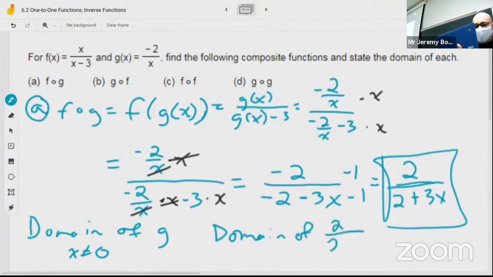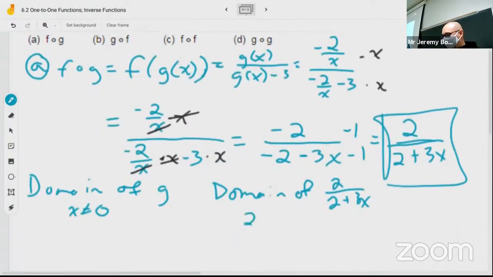Next, we're going to look at the domain of the function we found, 2 over 2 plus 3X. If we want to find the domain of that, we'll say 2 plus 3X can't equal 0, and we'll get 3X can't equal -2, so X can't equal -2/3.